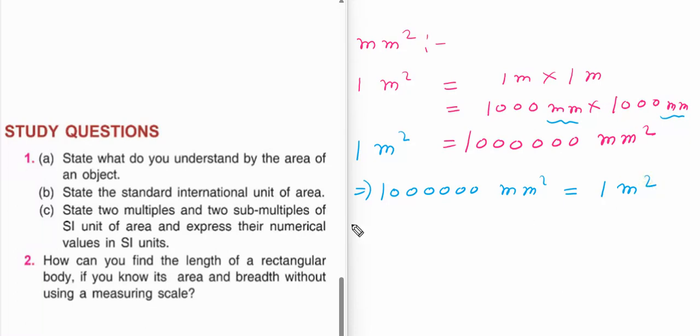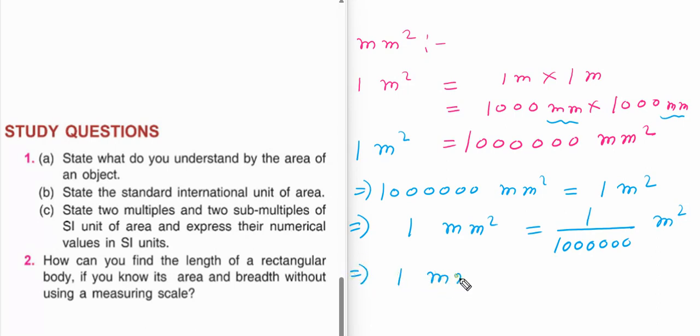1 millimeter square equals 1 upon 1,000,000 meter square. Beta, 1 millimeter square equals, we can write, 1 upon 10 raised to the power 6 meter square.